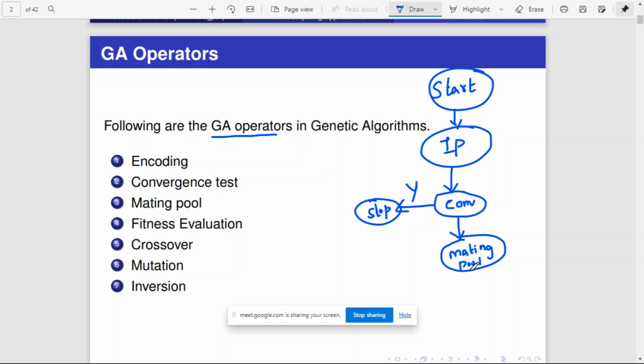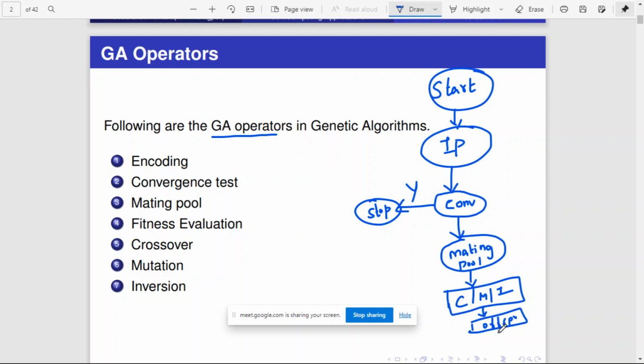Then we perform reproduction. This reproduction involves crossover, mutation and inversion. I am calling it C crossover, M mutation, I inversion. And then we create new offspring. After creating new offspring, this new offspring may replace either part of the population in the original population or by some criteria it will replace.